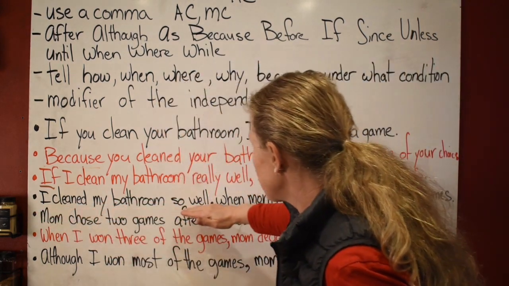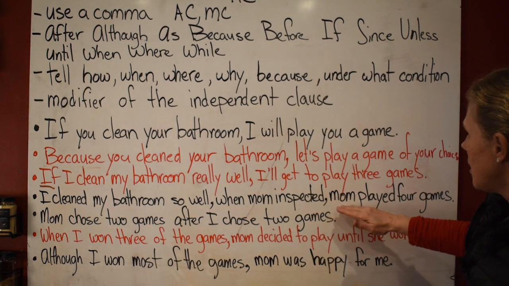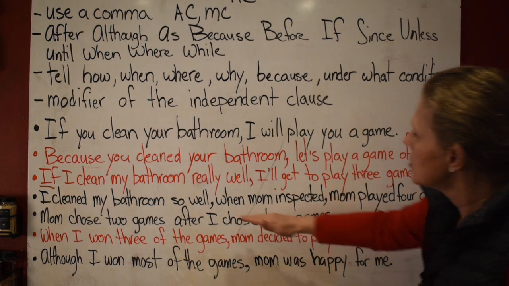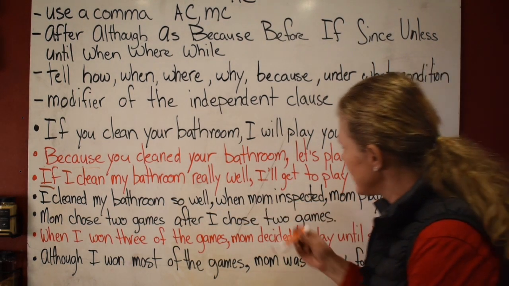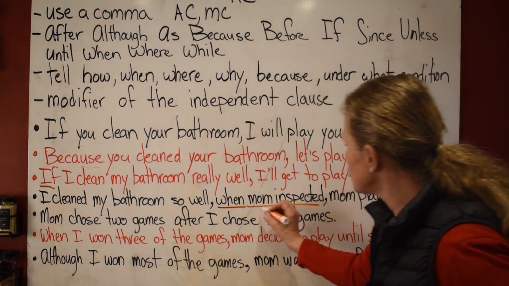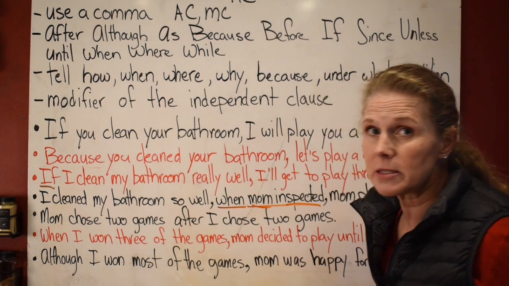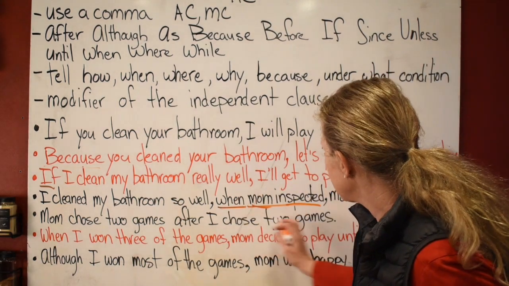I cleaned my bathroom so well, comma, when Mom inspected, comma, Mom played 4 games. So see what happens when your dependent clause with your subordinating word sits in the middle. This is your subject and your verb. It's taking 2 commas. This is a dependent clause.